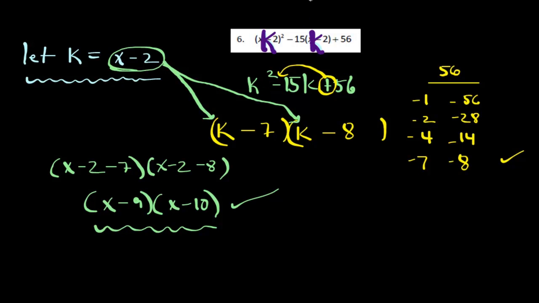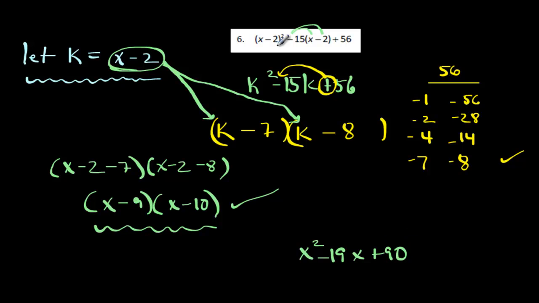If you had no idea how to do this, and I'm going to erase these k's up here, if you had no idea to let k equal x minus 2, what you could have done was FOIL x minus 2 out, distribute the negative 15 in, and incorporate the positive 56. And then factor with that. What you would get if you did that out would be x squared minus 19x plus 90.